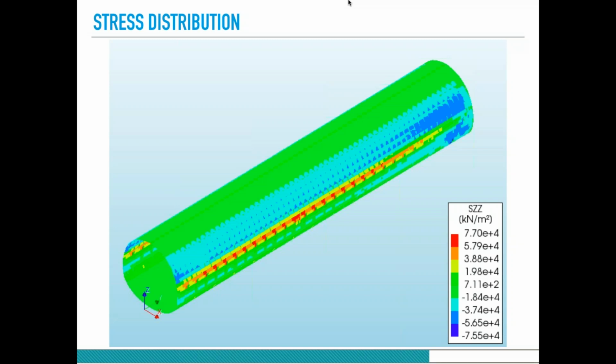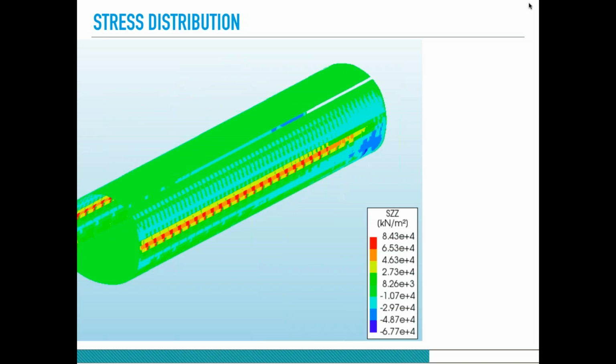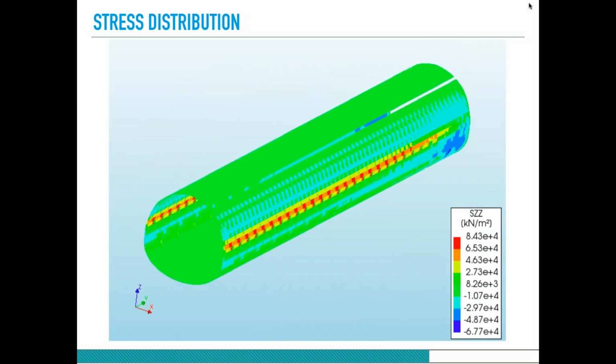This is the stress distribution of the case where we have no yielding elements. As we see in the next slide, so keep it in your mind, then we will make the comparison in the next slide, of how in the case of using yielding elements, the stresses are dispersed and also reduced.